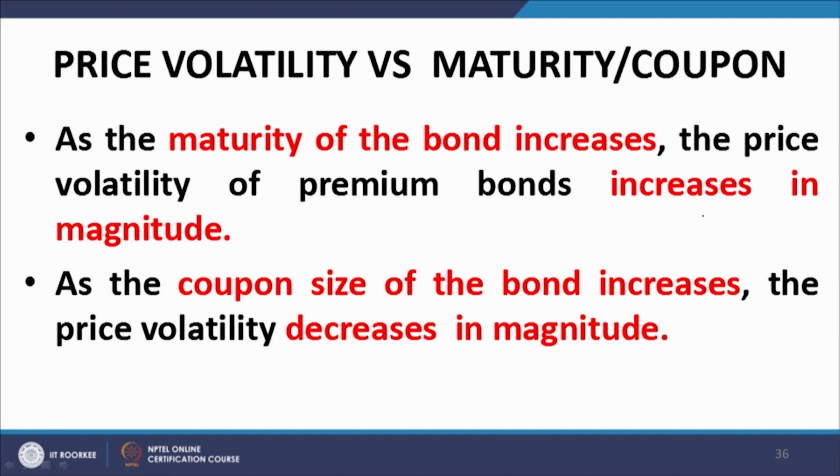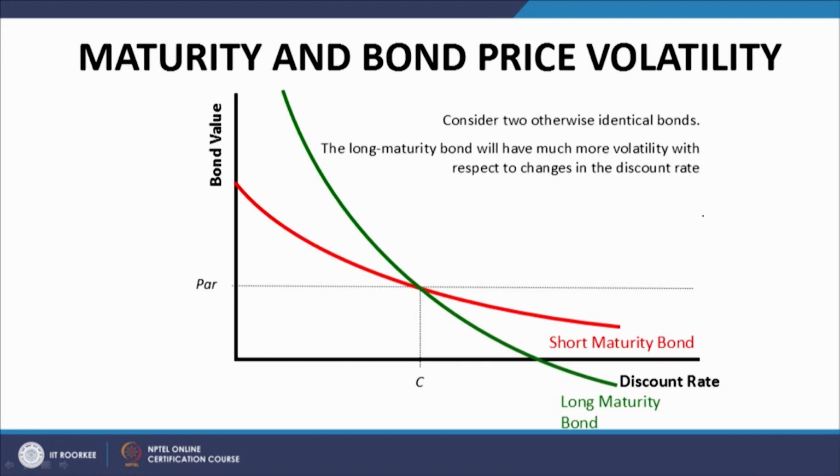Price volatility versus maturity. As the maturity of the bond increases, the price volatility of premium bonds increases in magnitude. As the coupon size of the bond increases, the price volatility decreases. That is seen in this figure here. You have the short maturity bond in red and the long maturity bond in black.